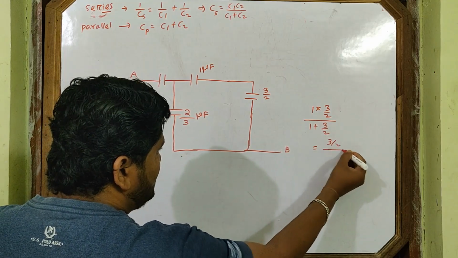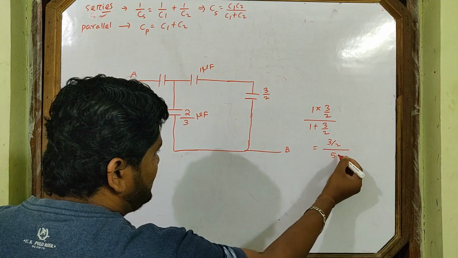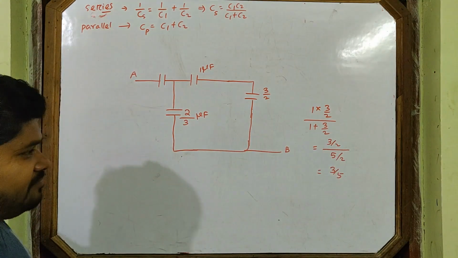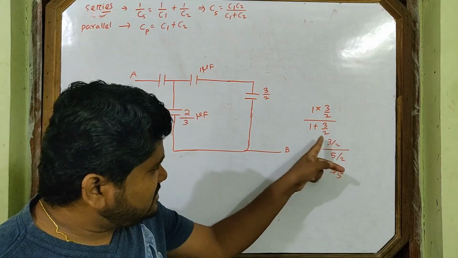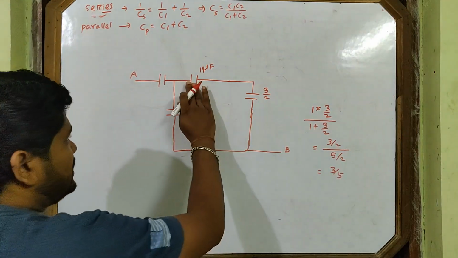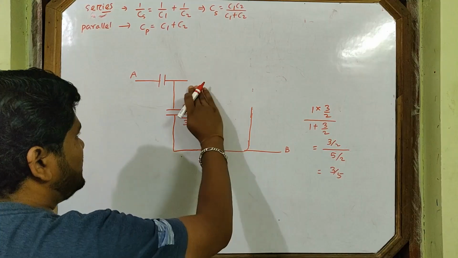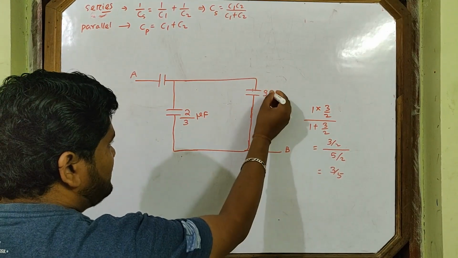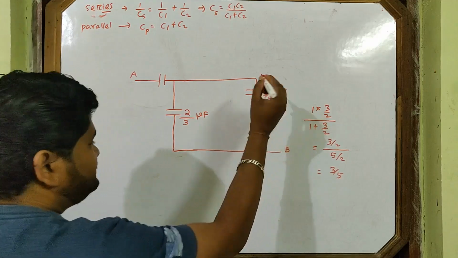It becomes 3 by 2 over 5 by 2, and it comes to 3 by 5. I hope the mathematics is right. So now these two you erase, and in place of them you place 3 by 5 microfarad.